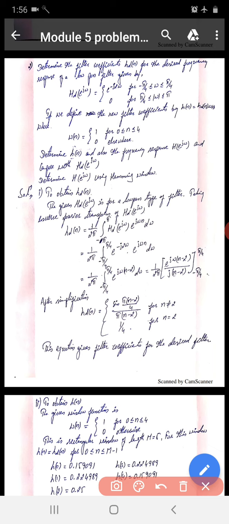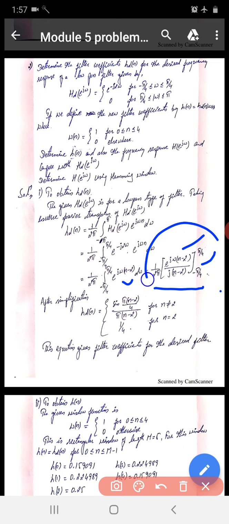Again, the integration of e power x is e power x divided by 1, but here, in the same way as already discussed in the previous problem, it is e power j omega into n minus 2 divided by the coefficient we left, j into n minus 2. The limit is varying from minus pi by 4 to pi by 4.